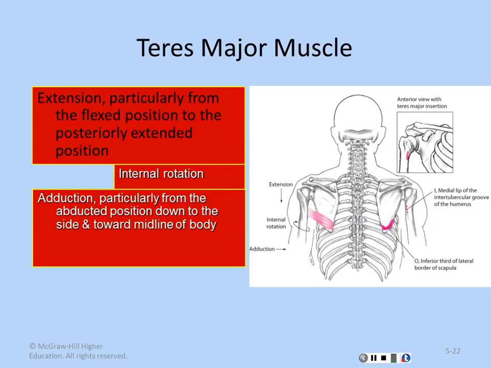So if you just know that, if I posted this right now from A-P Revealed, you can see it was the back, and if you're like, gosh, I don't remember what muscle that is, you could see it was a muscle on the back of the scapula, and you could say, okay, I don't know what to call it, but I know what it does. You'd at least get half the credit.